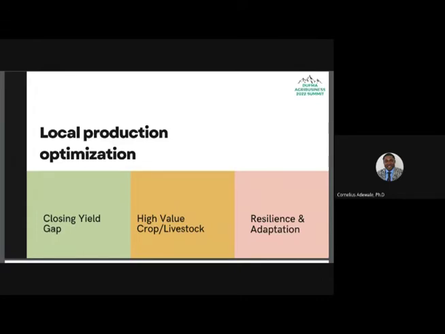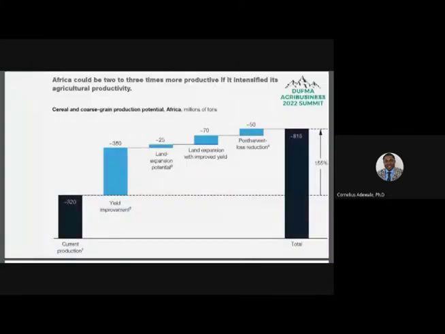But when we still look at it from the global perspective, there are still so many opportunities because of a lot of gap that still exists between what is possible in terms of the potential and what we actually see. In order to drive that point, I want to talk about how do we close the yield gap? How do we learn from what is possible? How do we unlock a lot of the potentials?